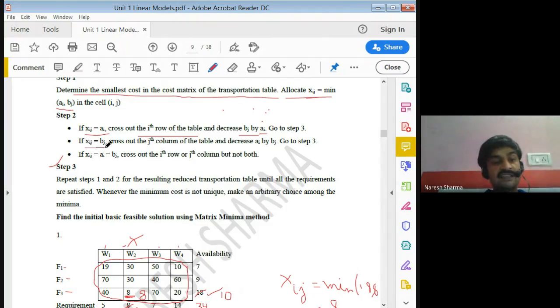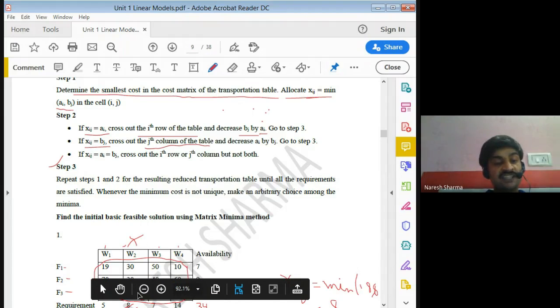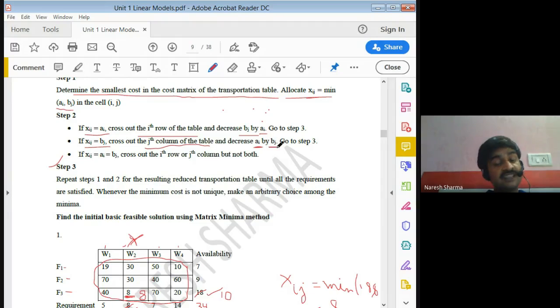If xij is equal to bj, then cross out the jth column of the table, which we have done here in our example, the second column, because xij which equals 8 is bj. So we delete or cross the second column and decrease the value 18, that is ai, by 8, that is bj, then go to the third step.